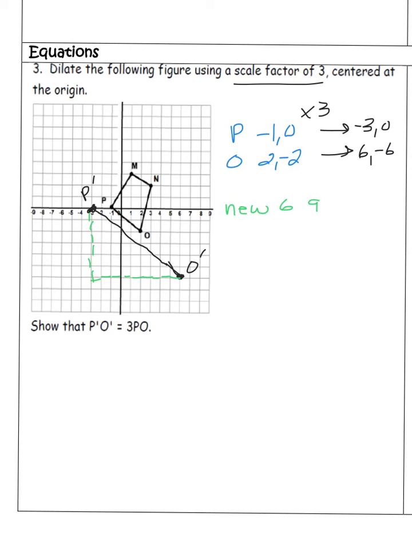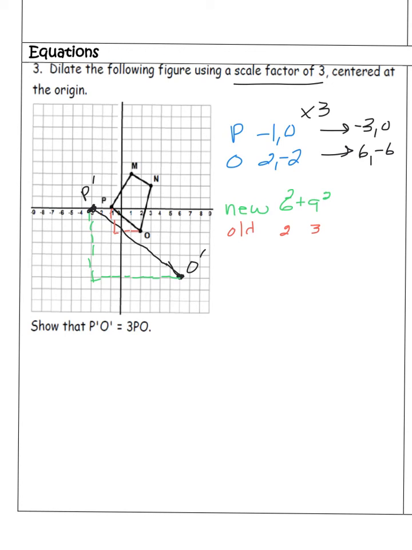And my old one is 1, 2 down, and 1, 2, 3 across. We're going to apply my Pythagorean theorem. So I'm going to do 6 squared plus 9 squared.